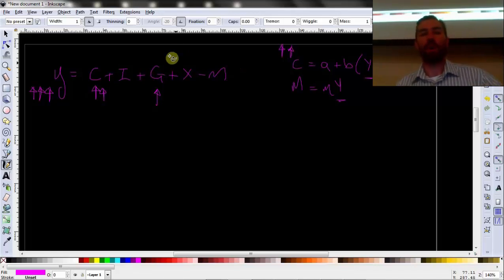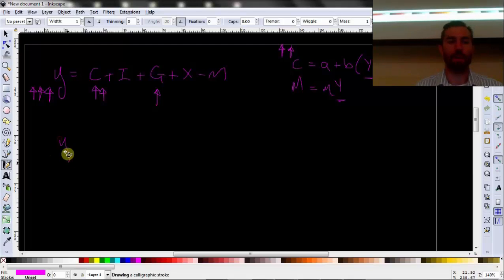So if we want to know how any autonomous component of this equation is going to change Y, what we need to do is rearrange our equations so that we don't have Y on both the left-hand side of the equation as well as on the right-hand side through consumption as well as through imports. So if we rewrite our equation, Y equals C, and here's our equation for C. C equals A plus B times Y minus, we said autonomous taxes as well as a tax rate.